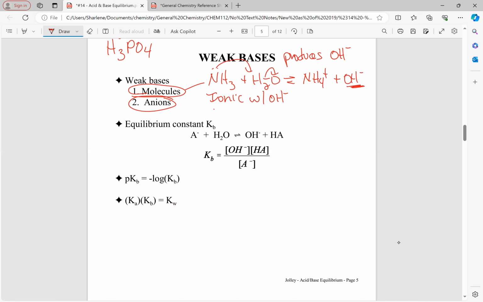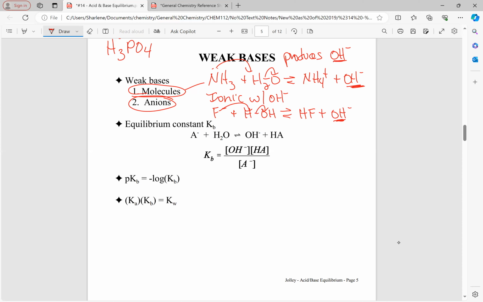So let's just take F minus. All right, if you react with water and it produces hydroxide, you would be considered a base. So this F minus is going to rip off a hydrogen, donate that in, and it's going to make HF plus the hydroxide ion. So again, by definition, those are all bases.